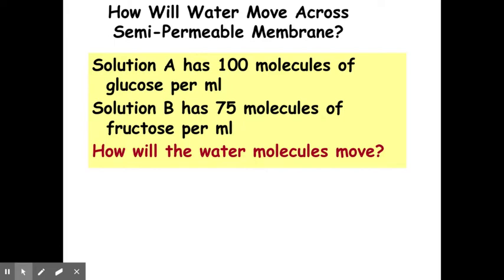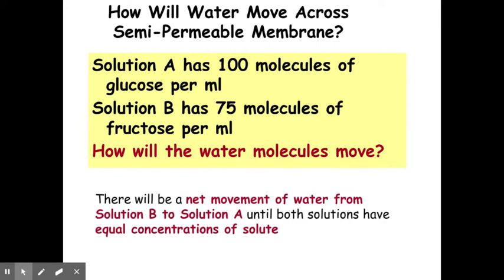In other words, is it going to move from A to B or B to A? Think about that for a second. And if you did that correctly, you would have a net movement of water from B to A. In other words, what we're saying is B is hypertonic to A.